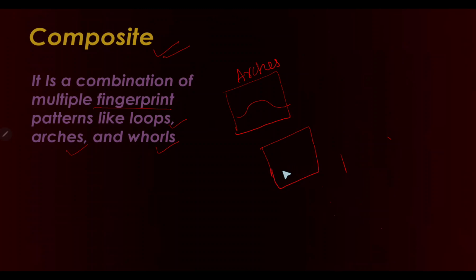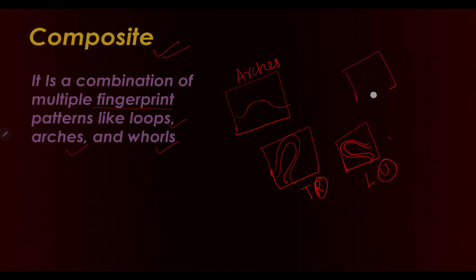Loops are, as I said, of two types, that is radial loop and ulnar loop. Thumb side is radial loop, little finger side is ulnar loop. This is a loop.